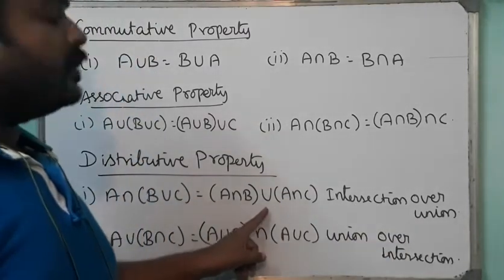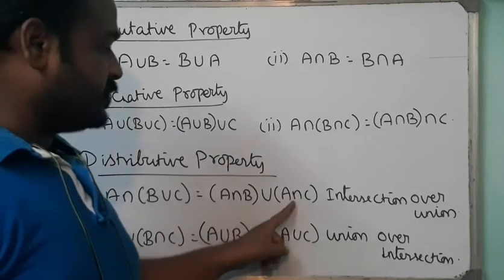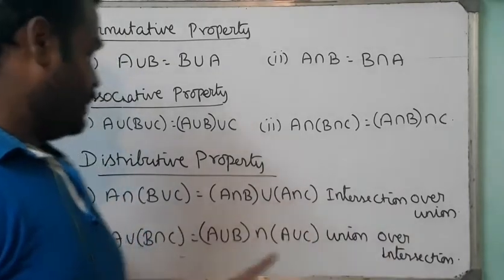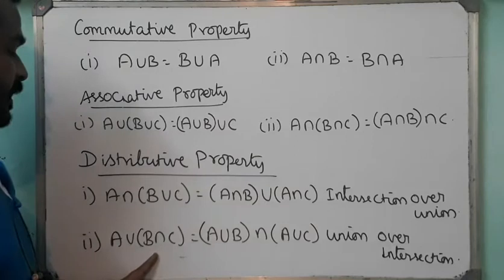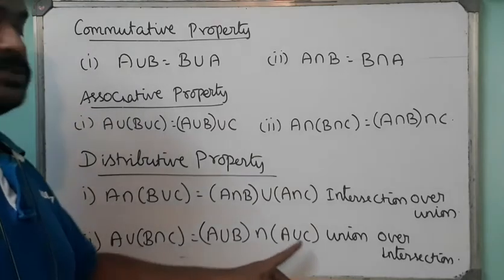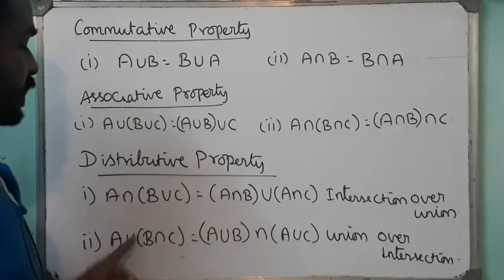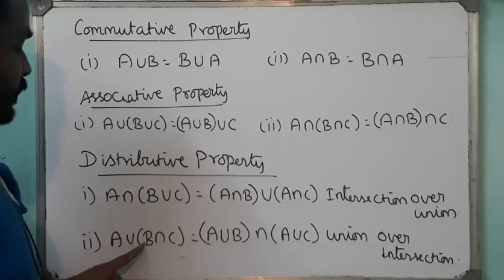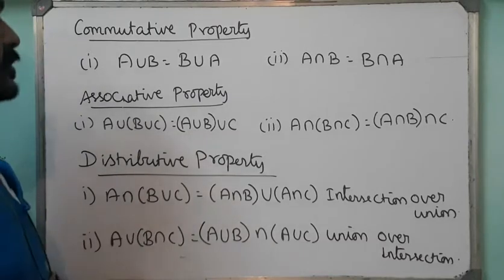So எதை over பண்ணது? Union. The next one is A union (B intersection C) equal to (A union B) intersection (A union C). Here union over intersection. This we call distributive property.